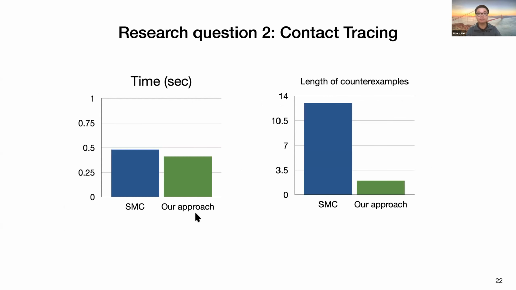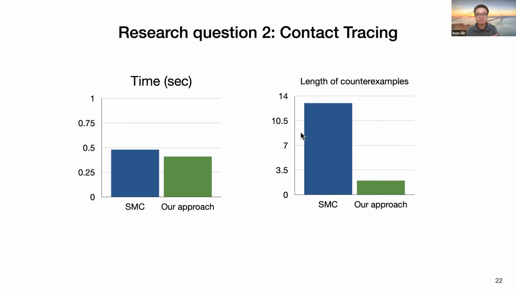These two figures represent the result of our experiment. The figure on the left is the execution time of our approach and SMC. The y-axis is the average time in seconds. The green bar represents our approach, and the blue bar represents statistical model checking. We can see that in this case, our approach is in general not much faster than SMC. However, let's look at the figure on the right. It shows the length of counterexamples found by both approaches. The x-axis is the length of the counterexample.